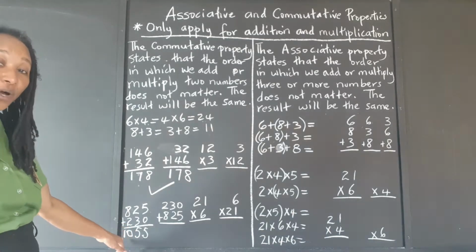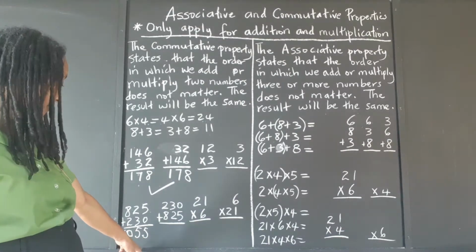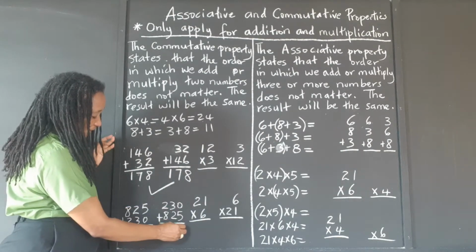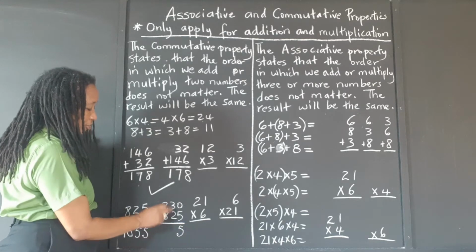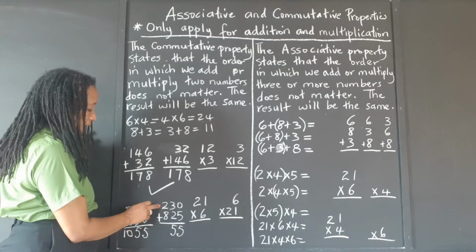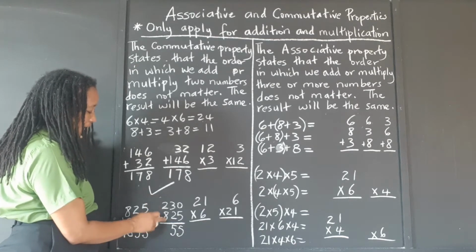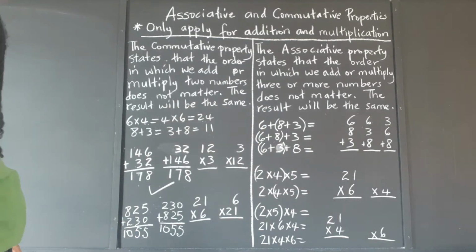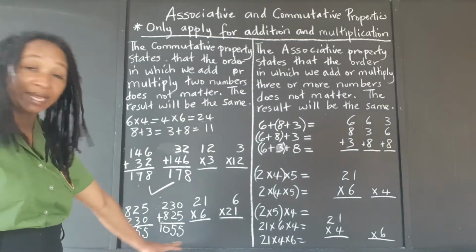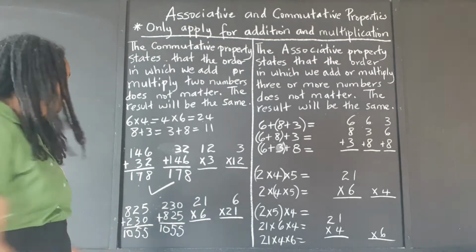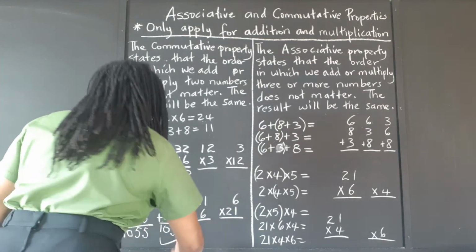So we got 1055. Let's see what we get here. 0 plus 5 is 5. 3 plus 2 is 5. 8 and 2 give 10. So, identical answers. See that? So this proves it for the commutative law.